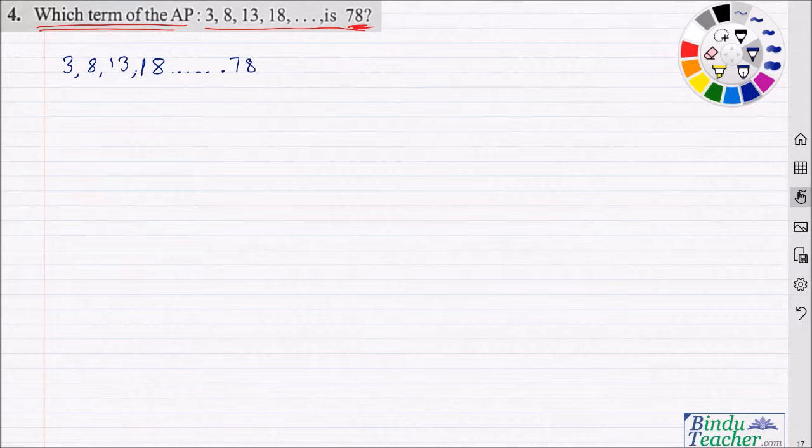Here, the position of 3 is 1. The position of 8 is 2. This is 3, this is 4, and so on. So 3 is the first term, 8 is the second term of the arithmetic progression, 13 is the third term, 18 is the fourth term, and so on. Similarly, we have to find what is the term of 78. That is what we have to find out.